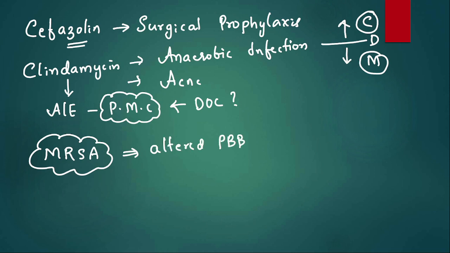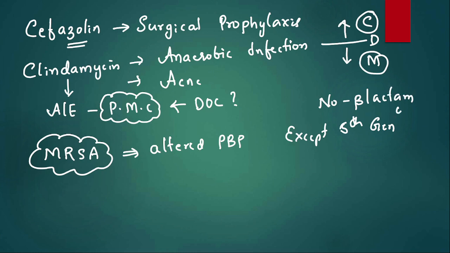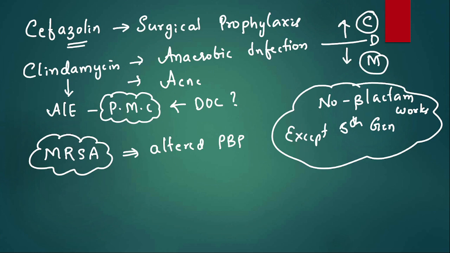So no beta-lactam works on that, except 5th generation cephalosporin. No beta-lactam works on MRSA. Very, very important point. That is why the drug of choice for MRSA is vancomycin.